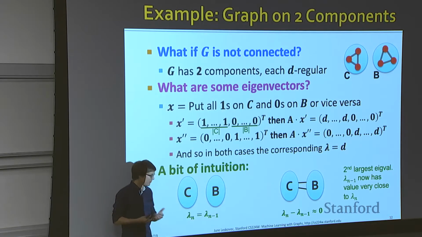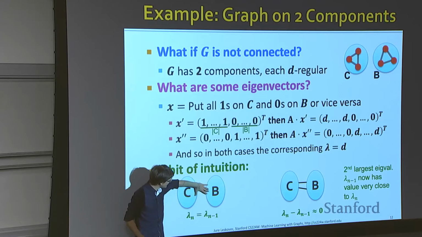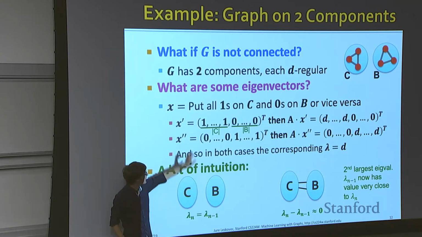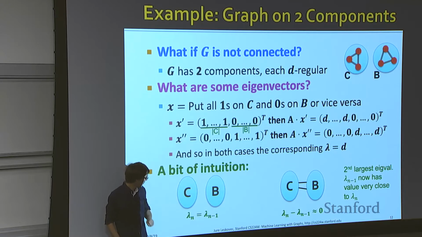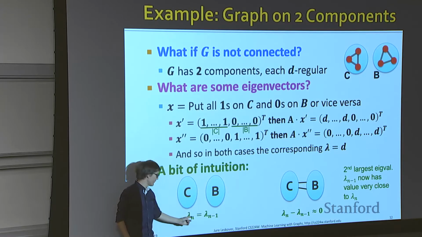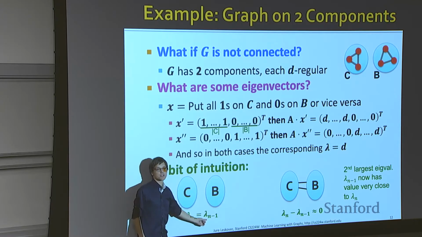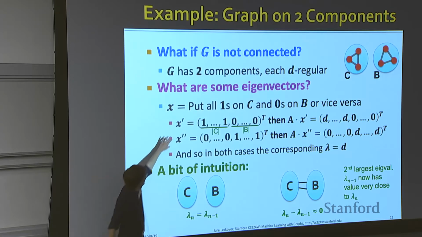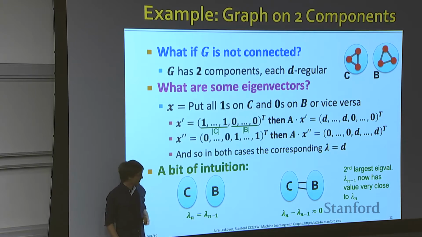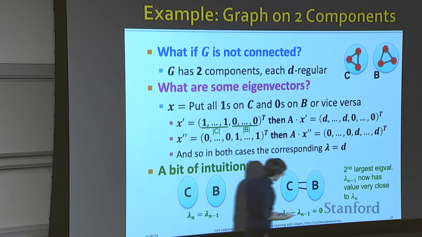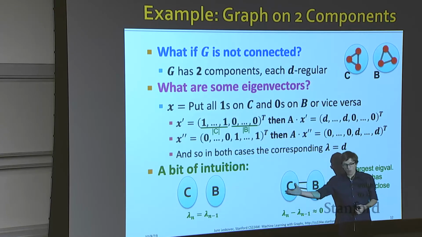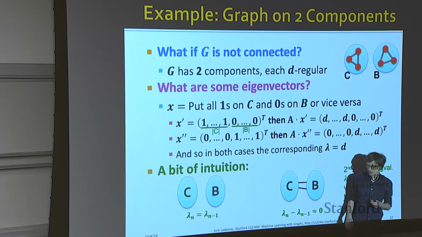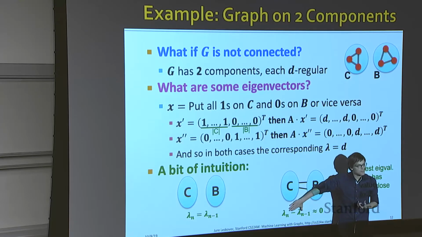And now I tell you a bit more intuition. Right? So what we did here, when we have a disconnected graph of two connected components, and again, this is all true for D-regular graphs, then the largest eigenvalue is equal to the second largest eigenvalue. The first two eigenvalues are equal, and these are the corresponding eigenvectors. So now you can think that if I have a graph that's almost disconnected, has just a few edges across these two components, something similar will happen.